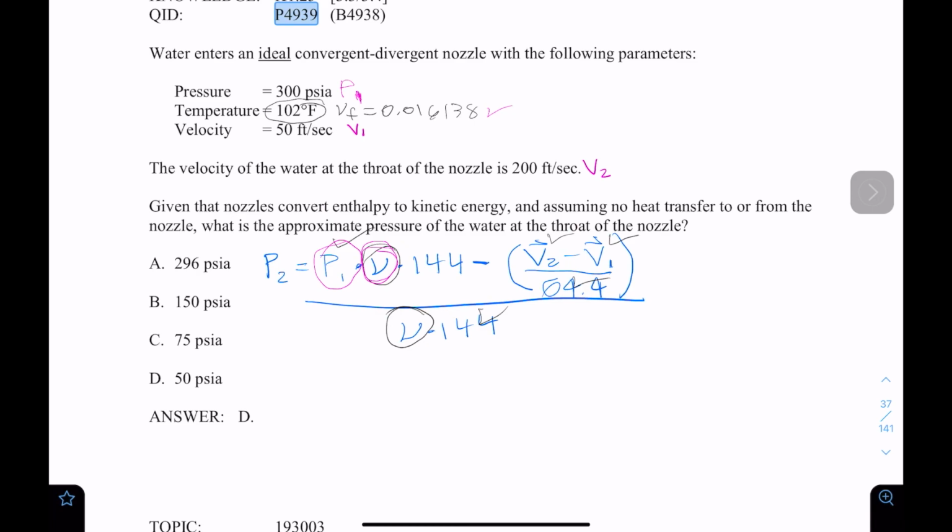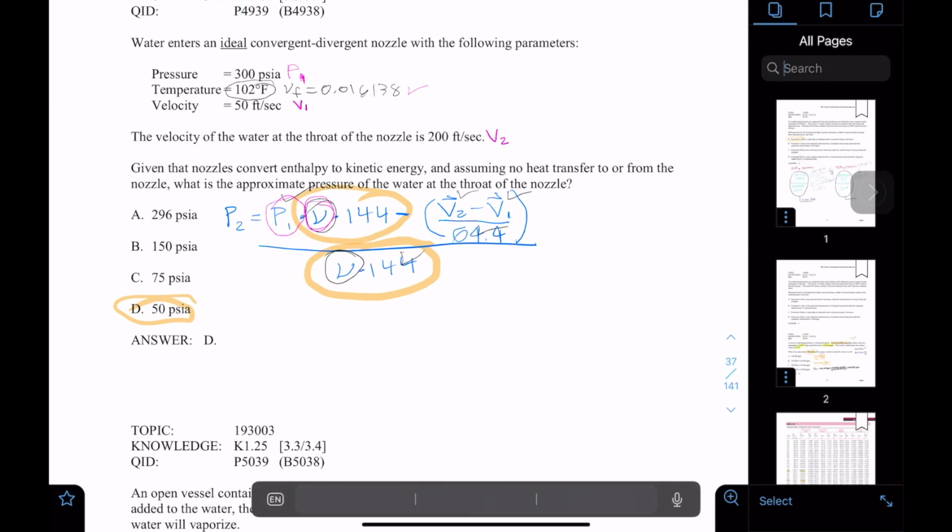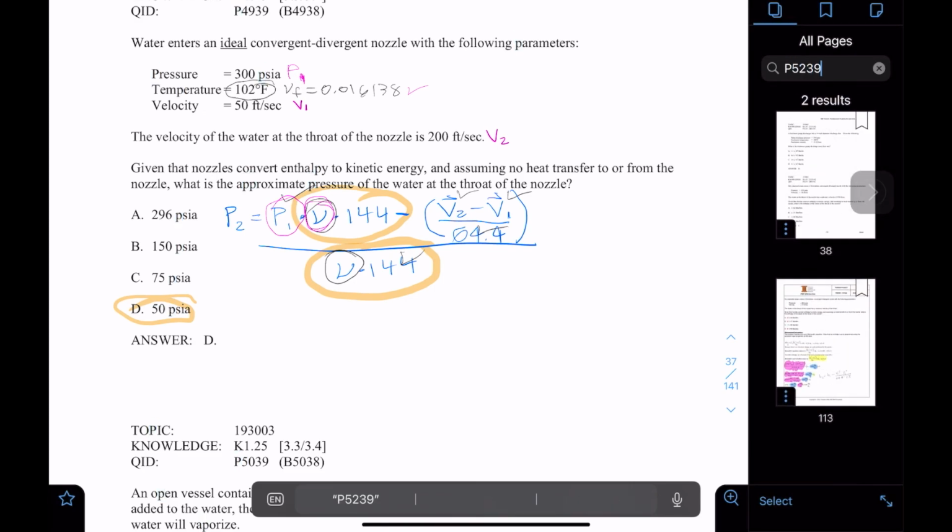I memorize it. Just remember this part is the same, and I will get this answer. There's another one that also uses Bernoulli's, and I'm just going to give you the formula for that one. It's question P5239.